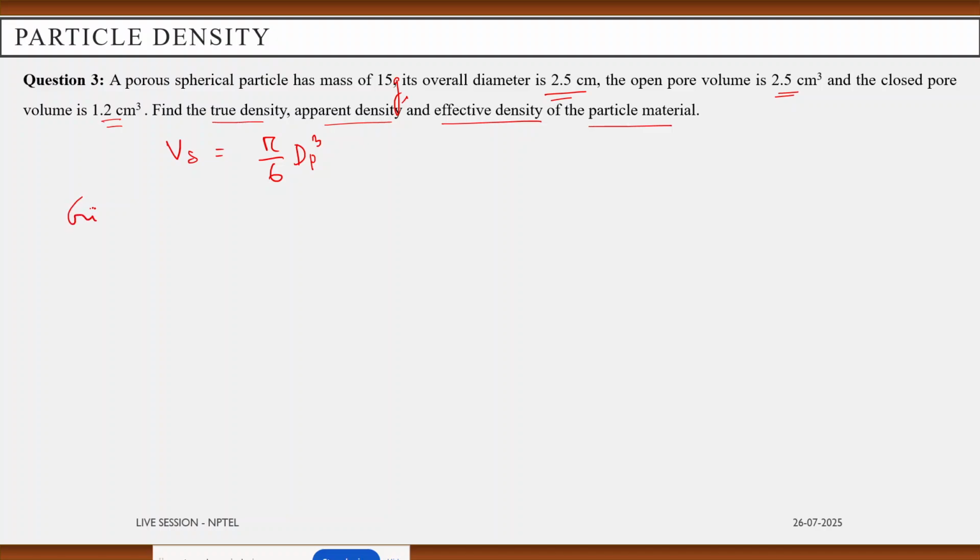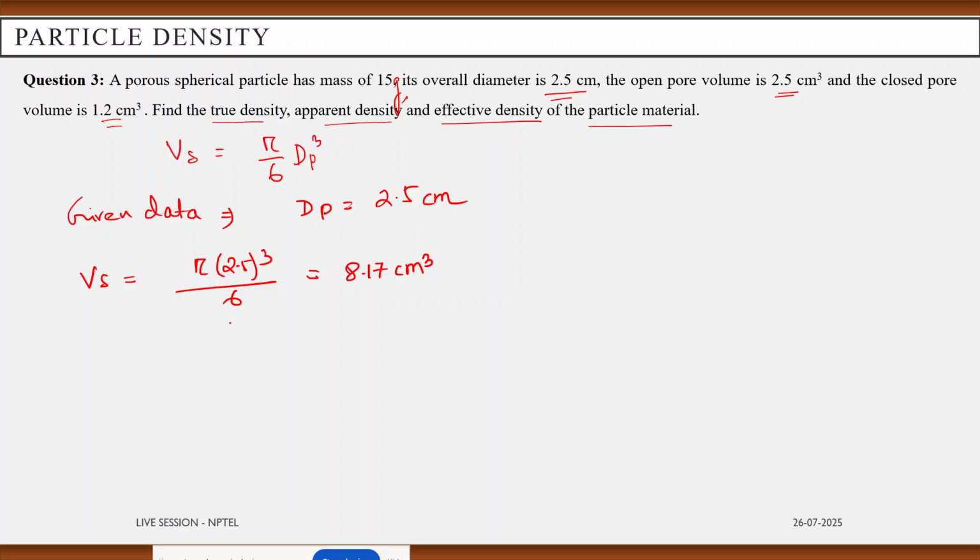So here the given data is dp equals 2.5 centimeter. So the sphere volume is pi times 2.5 cube by 6, which comes to around 8.17 centimeter cube.